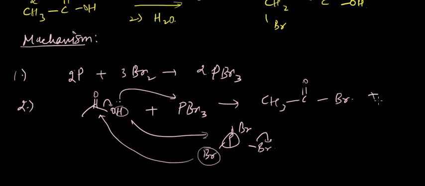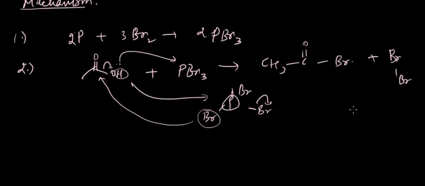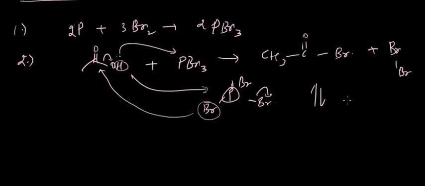And then we are actually also passing Br2, red phosphorus plus Br2. So Br2 would be there in the mixture. So what will happen next is it will undergo tautomerism, and we will have something like this structure. This is the structure with Br here.